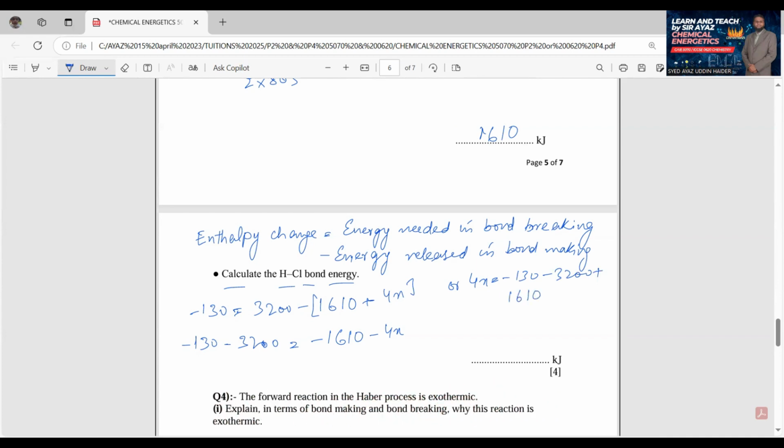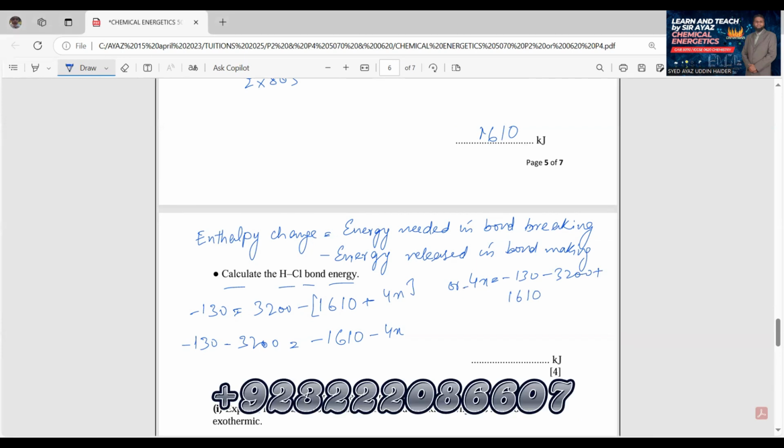Let's solve this. 1610 minus 130 minus 3200 gives minus 1720. It must be minus 4X.